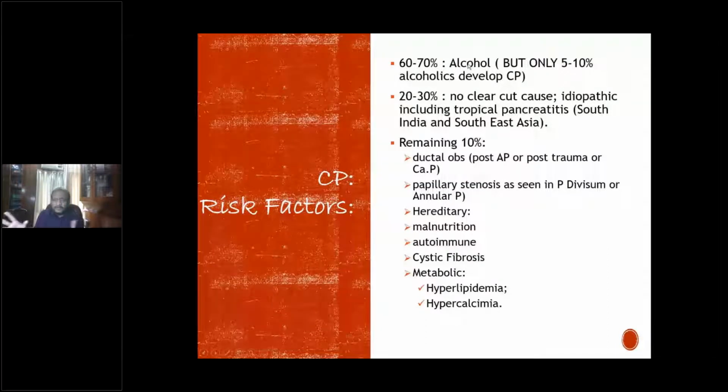But out of all patients who take alcohol, maximally only 10% would develop chronic pancreatitis. 20-30% of patients would not have any clear-cut cause, so you would label them idiopathic, which includes tropical pancreatitis, which we just said occurs in Southeast Asia, South India and Kerala. The remaining 10% of chronic pancreatitis would have an identifiable cause, like for example, pancreatic divisum, a pancreatic stenosis. They could have hereditary, malnutrition, autoimmune, cystic fibrosis, and metabolic causes for their chronic pancreatitis. These could be in the remaining 10% of patients, right?